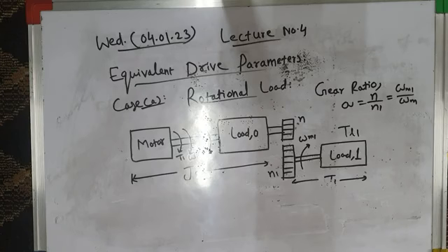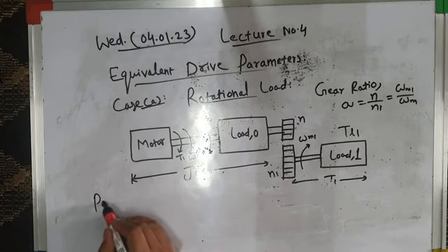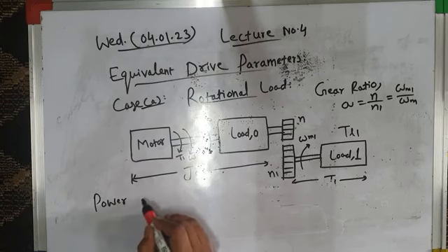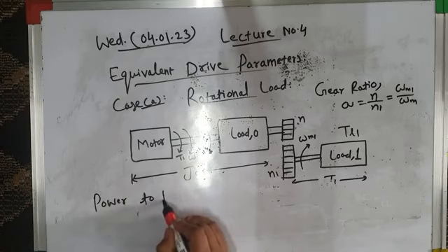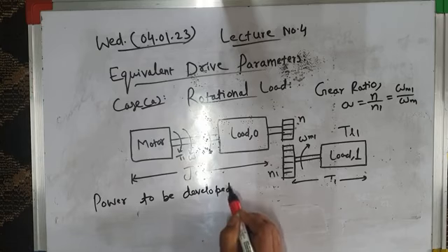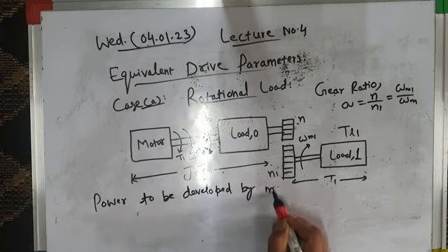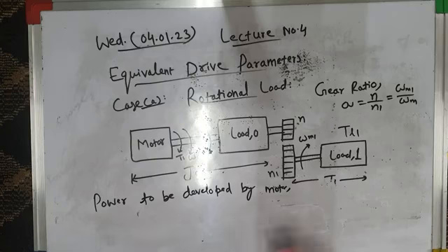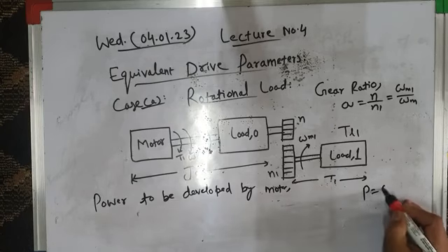For that purpose, I will write here: power seen by the motor, or power to be developed by the motor. How much power does the motor have to develop? We know the power equation is P is equal to omega into T. Power is speed into torque.